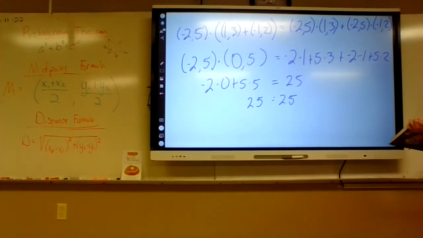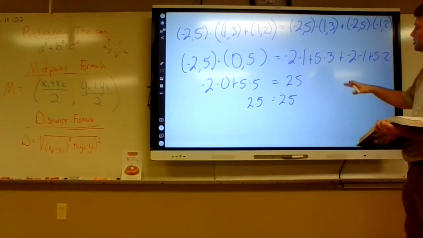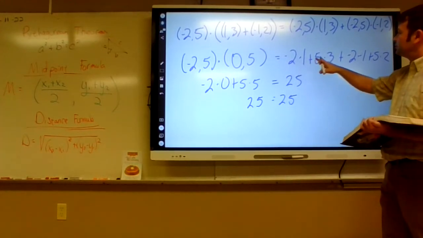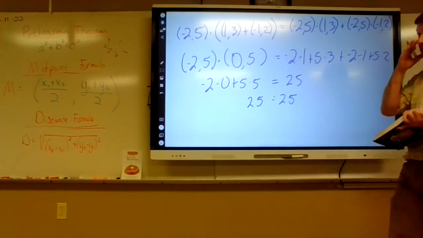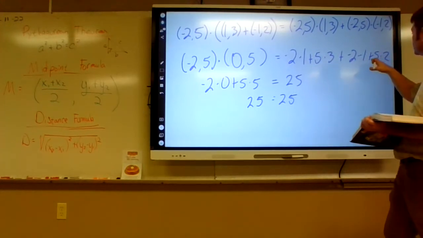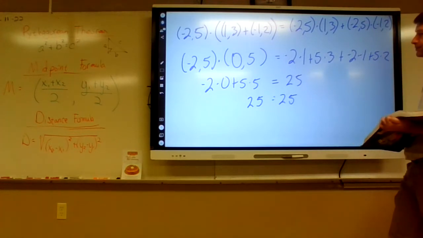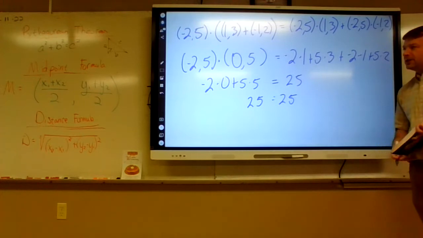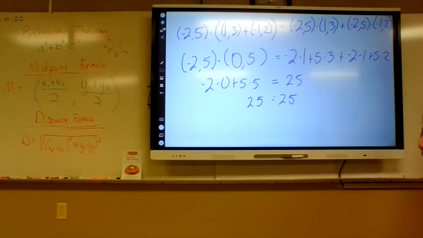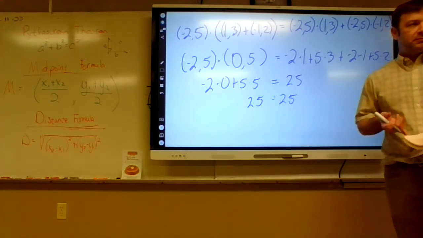Are they always the same? Yeah. Do we have to write out the other one? Negative 2 plus 15 is 13 plus 10. Are they always going to be equal if it's saying so? Yeah, we're just showing it's true. They're trying to show us different properties of the dot product. So can we only do one side?